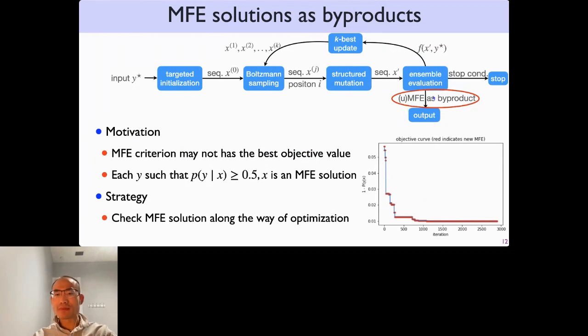But it's just a byproduct and wouldn't affect the optimization process. We can see that along the way of optimizing the probability defect, many MFE solutions can be found.